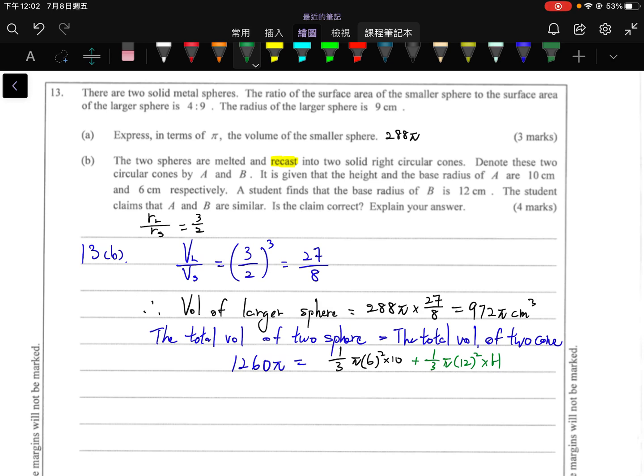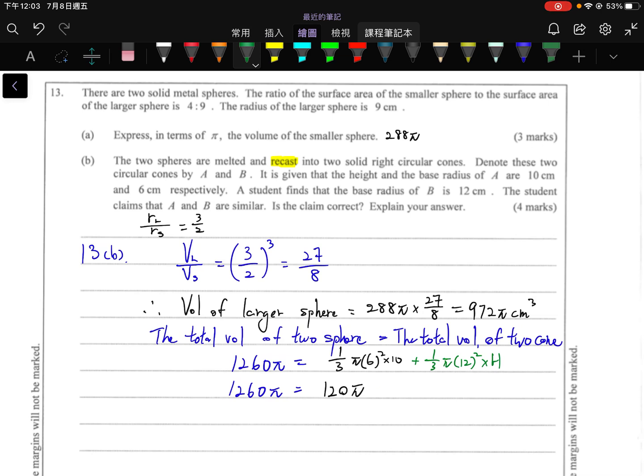So now we just try to solve it. On the left hand side, the number is still 1260 pi. And then 6 squared times 10 divided by 3, so the volume of cone A is equal to 120 pi.